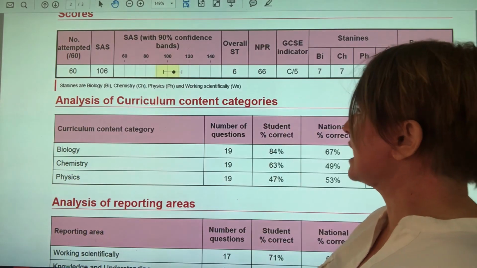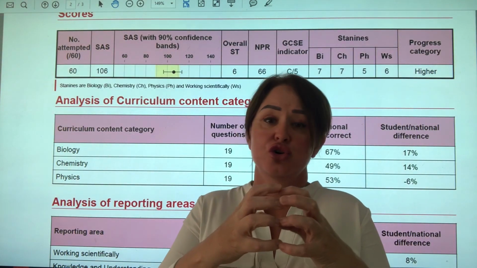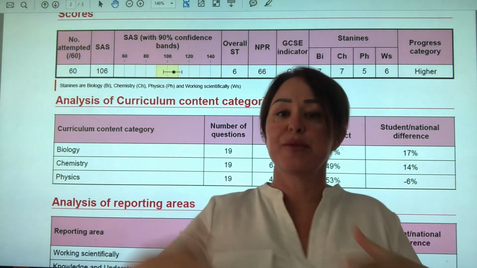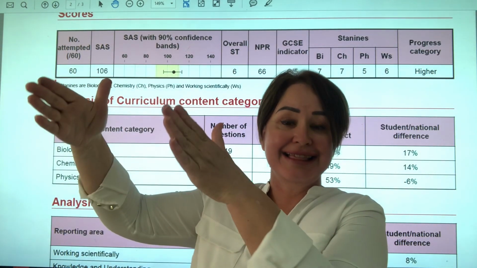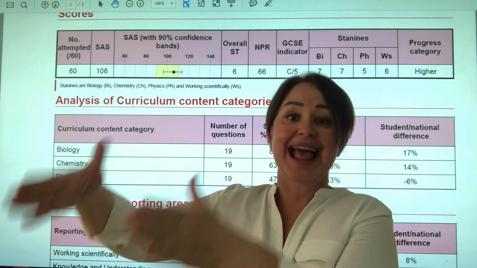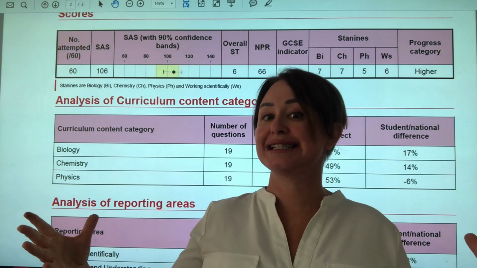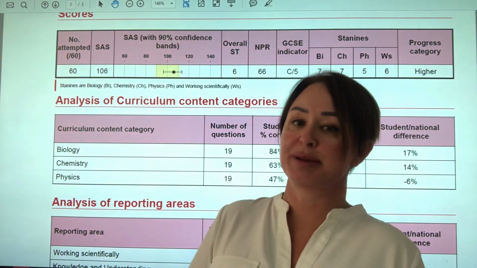The overall stanine, if we take all the scores for all the children and we put them in a big long row, and then we split them up into 9 categories, with the top end getting 9, then the next chunk getting an 8, and then a 7 and a 6, and so on, very much like we do with the GCSEs, then this tells you which band they would be in.